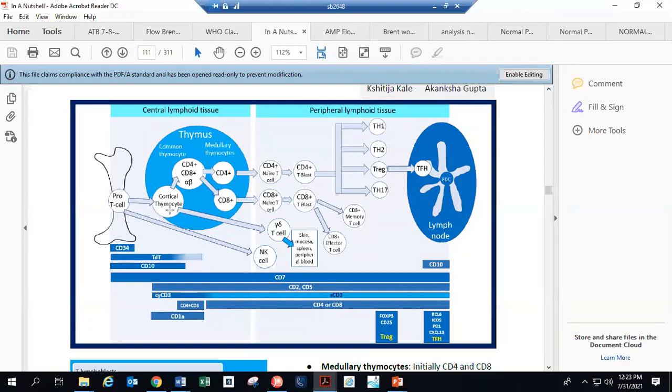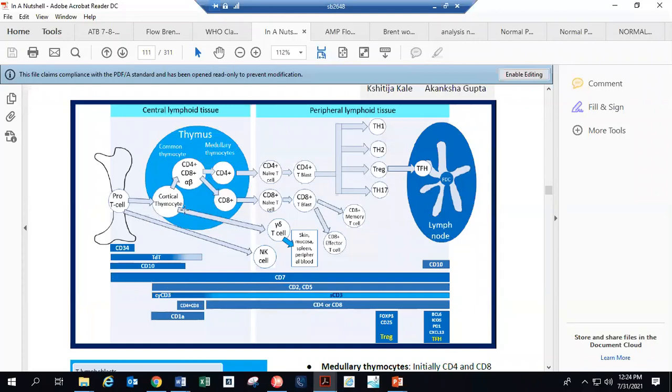Then when it is cortical or medullary thymocyte, it will first have double positive CD4, CD8 T cells and alpha beta. And when it goes to medullary thymocytes, it will differentiate into either CD4 or CD8 T cells. And over here, the TDT will be present up till cortical thymocyte or a little bit on the common thymocyte, but the TDT is not present on the more medullary forms.